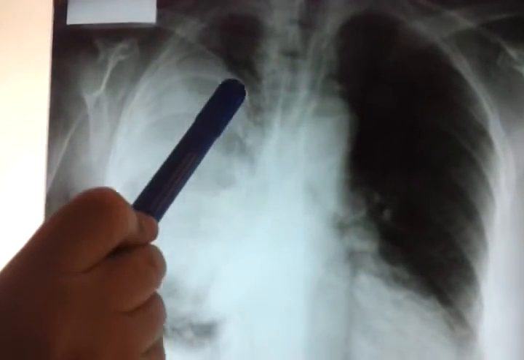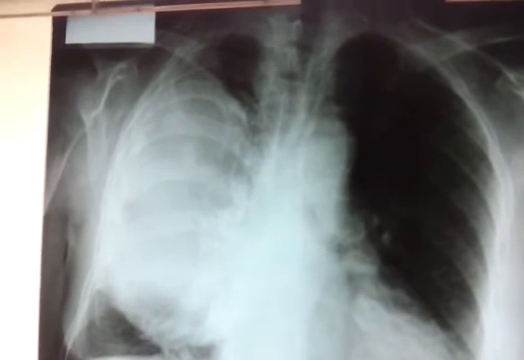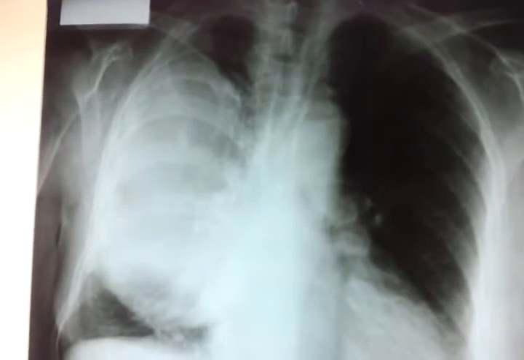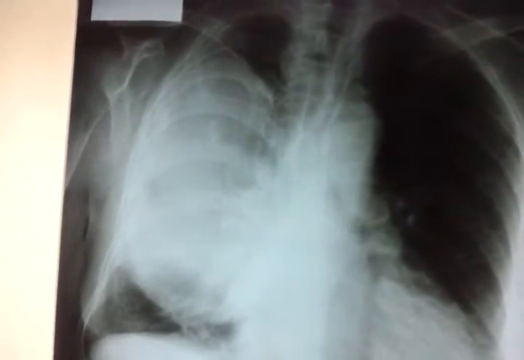The margin is clear. There is no mediastinal enlargement, but there is slight deviation of the mediastinum and the trachea to the left. What could this be?